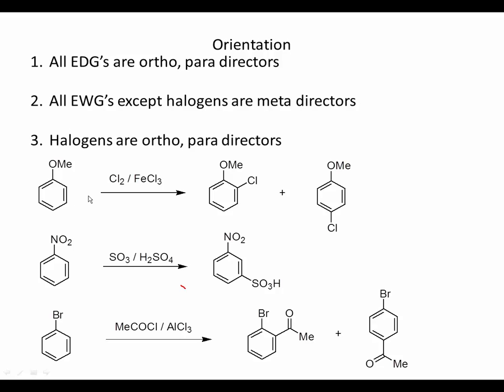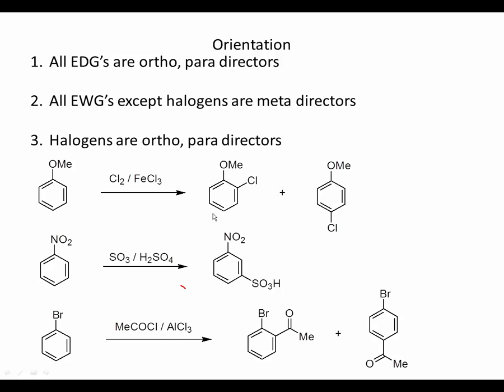This is a moderately activated ring, and what we find here is that if you did any electrophilic aromatic substitution, I've used chlorination here as an example, you will get predominantly the ortho para products. Okay? Very little of the meta. Usually more para than ortho due to steric reasons, but still significant amounts of both.